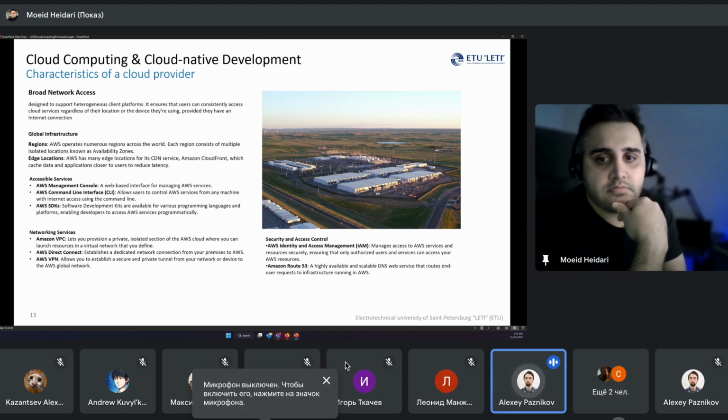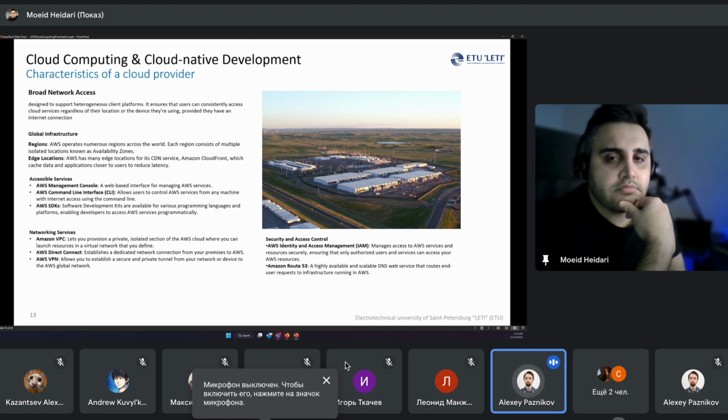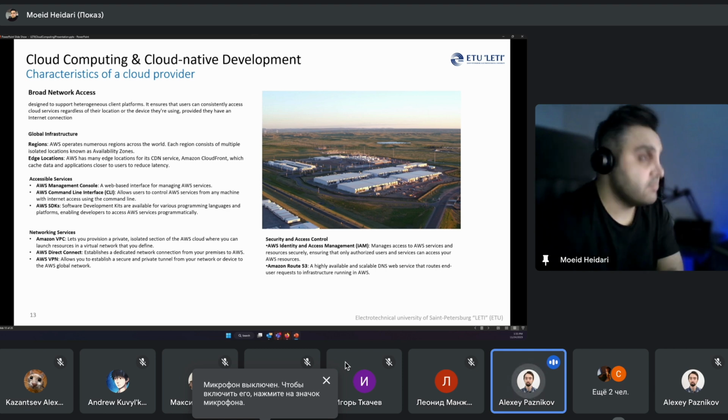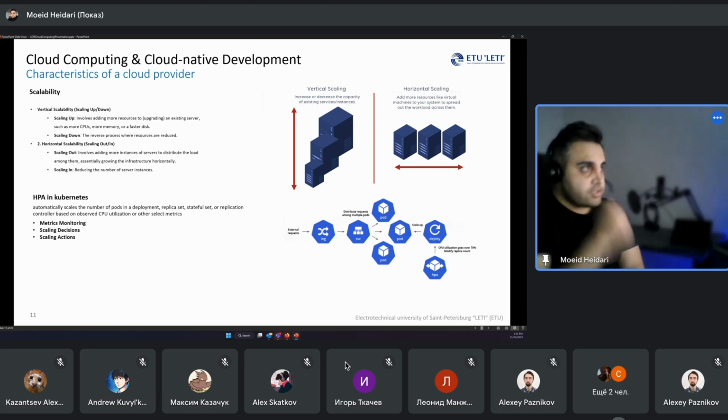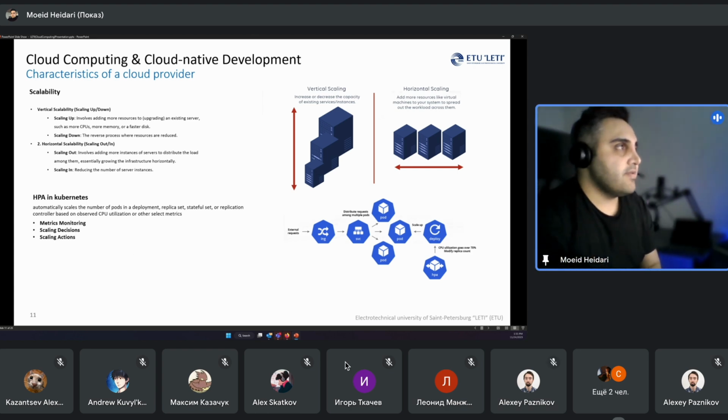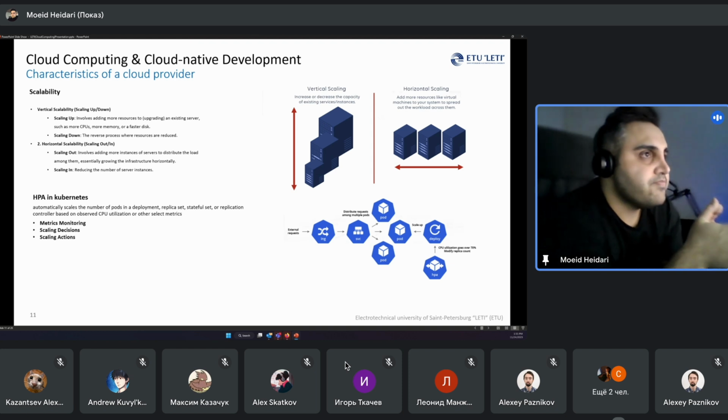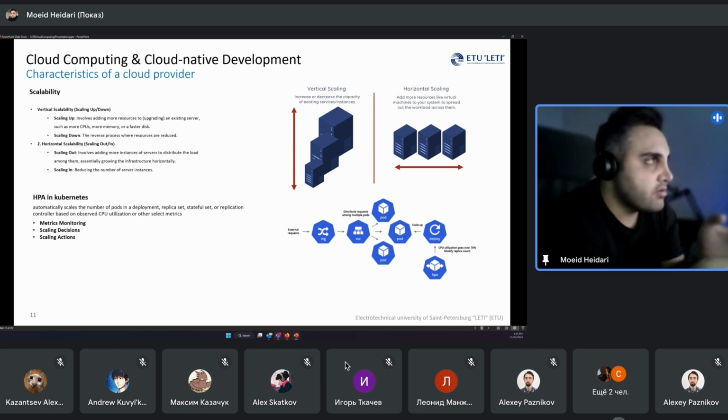Could you clarify a bit more the difference between horizontal and vertical scaling? Yeah, exactly. Vertical scalability is when, let's imagine you have a server with a specific amount of CPU cores, memory, and disk storage.